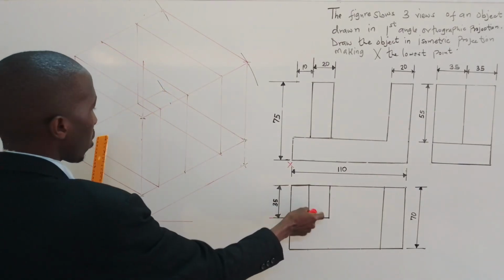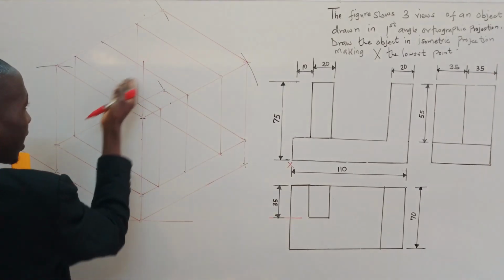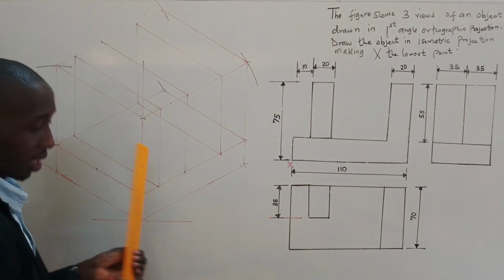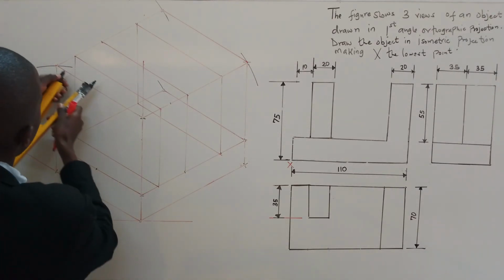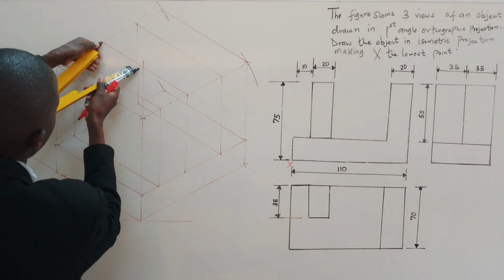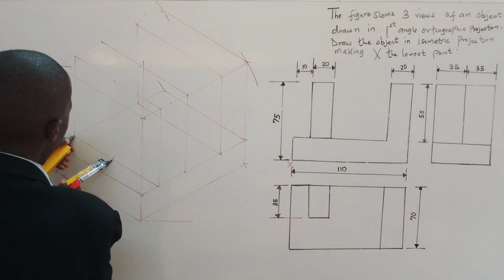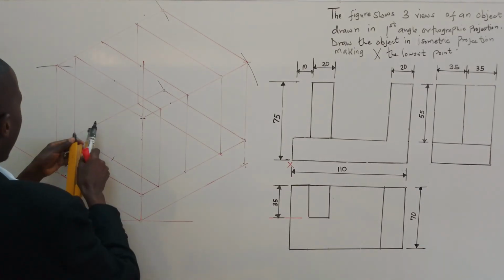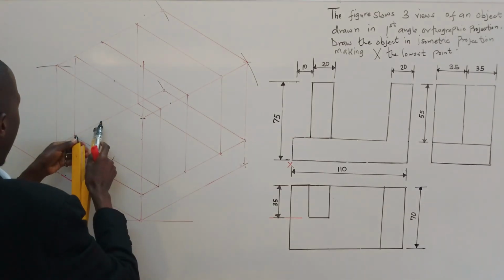Now assuming this thing was taking to 70, now I've drawn up to 70, but I will cut. So I'll have to cut the 35. So I'll pick 35 from my ruler, then I will mark 35, then 35. Then here 35. Now I want to make another line there so that I can have parallel lines.